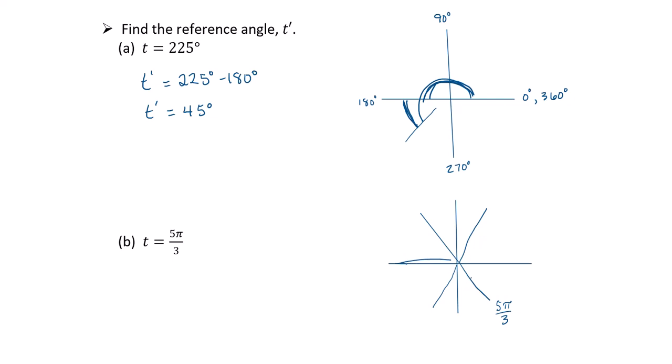I just need to know how much further do I have to go to get to the 0 radians or the 2 pi radians. So that's going to be just one more pi over 3 would get us to 6 pi over 3. So T prime is going to be pi over 3.